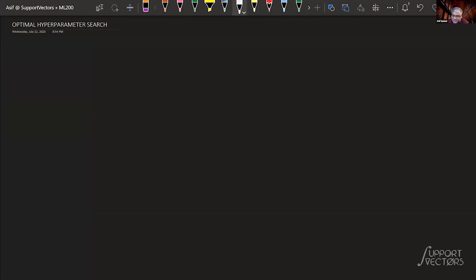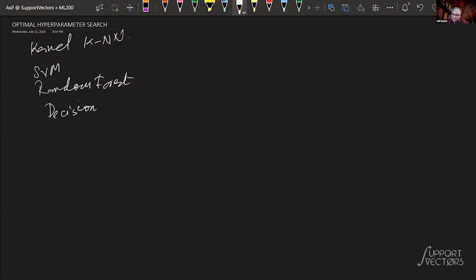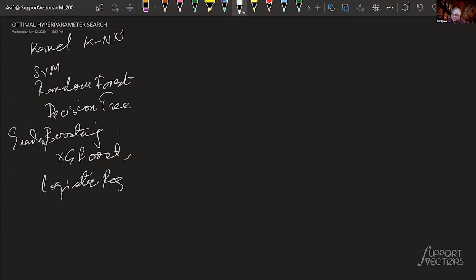Think of an algorithm, let's say, whether it is a kernel method, KNN, or you are talking of SVM, or a random forest, decision tree, gradient boosting and its variants, XGBoost, even logistic regression, let's say. And I'm deliberately taking classifiers, but the same argument applies to regressors.